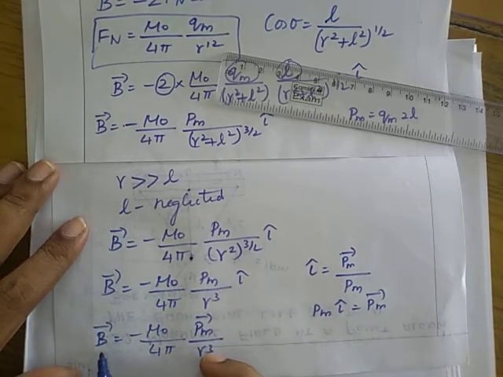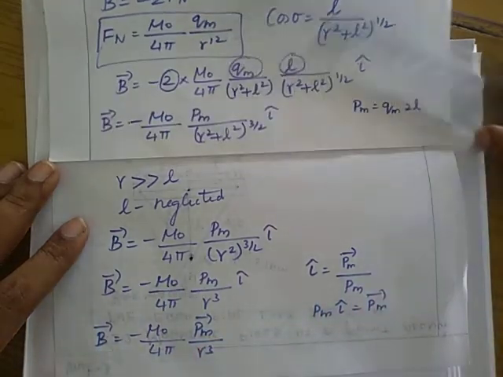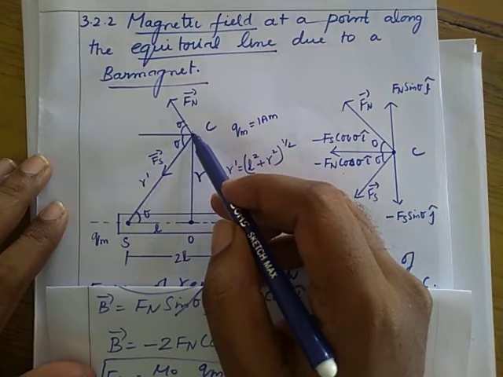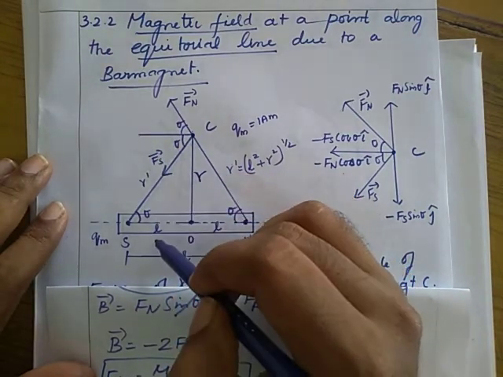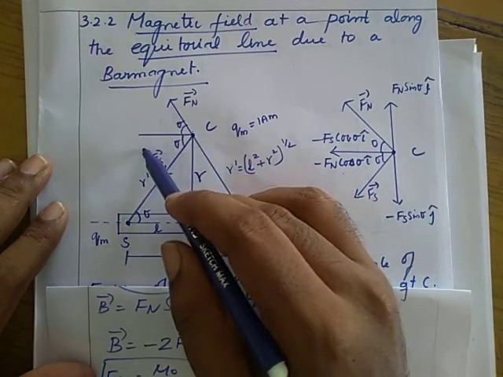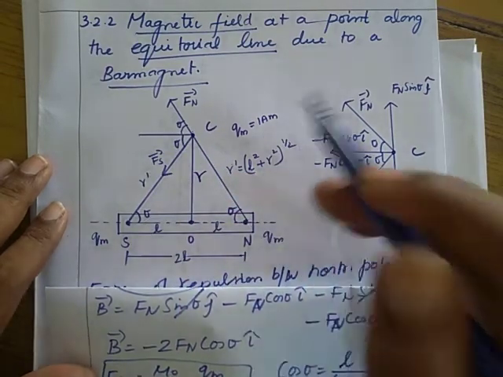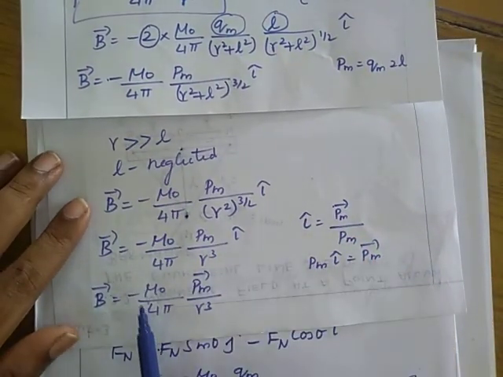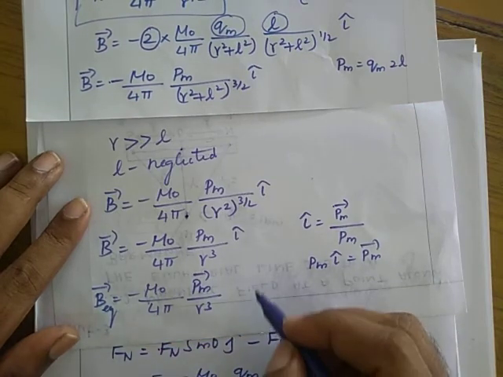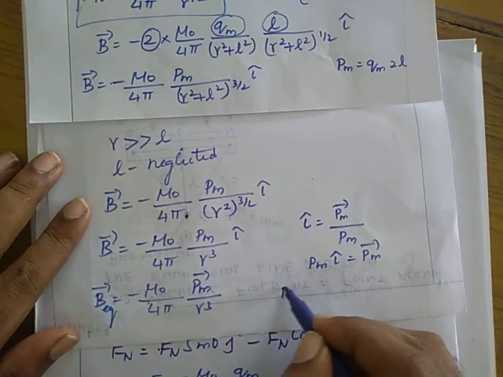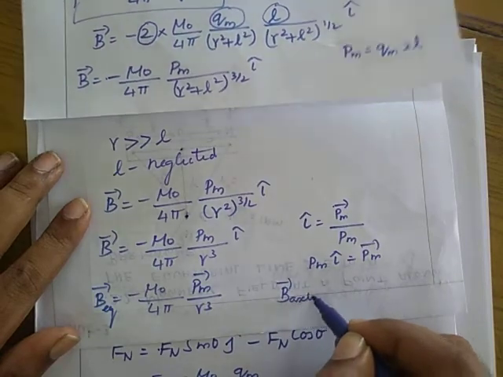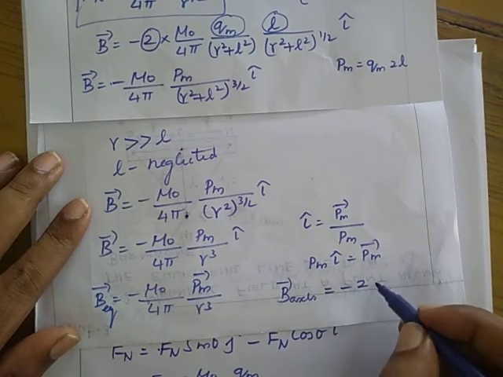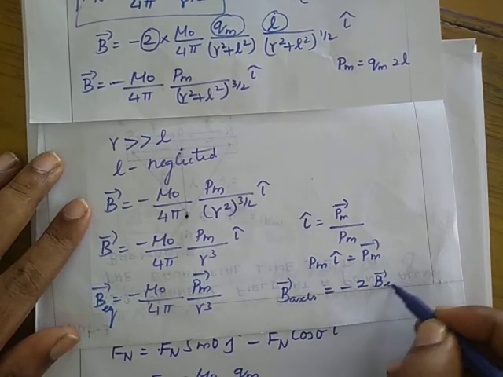Here the magnetic field at the point C, on the equatorial line due to a bar magnet, is in the direction opposite to the direction of the magnetic dipole moment. That's why we are representing this minus sign. This is equatorial. Always the magnetic field due to an axial line is equal and opposite to 2 times the magnetic field due to an equatorial line.